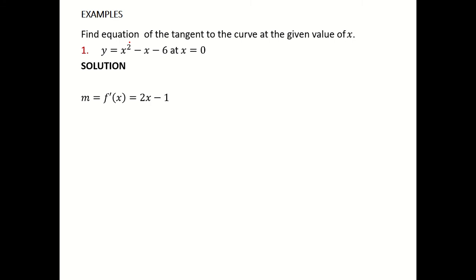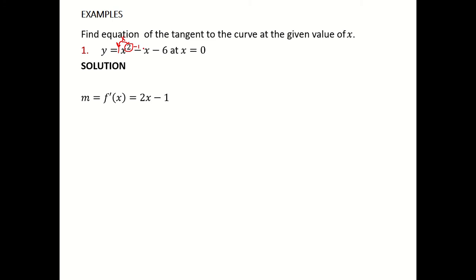To find the derivative, all I did was take this exponent 2 and multiply it by the coefficient of the term that I'm differentiating, in this case the coefficient of x squared. And from 2 I minused 1.